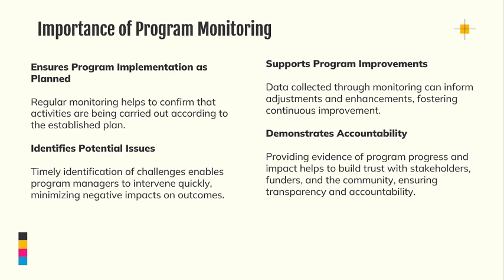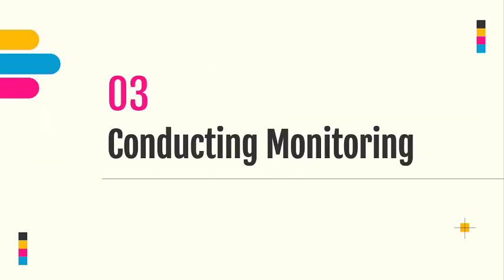The other thing is supports program improvement. Data collected through monitoring can inform adjustments or improvement of the project, thereby fostering continuous improvement. Demonstrates accountability because you're working with data, you're providing evidence of the program's success and impact. It helps you to build trust with stakeholders, funders, and the community. So this all ensures transparency and accountability.